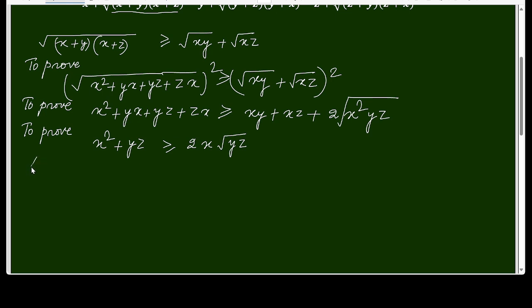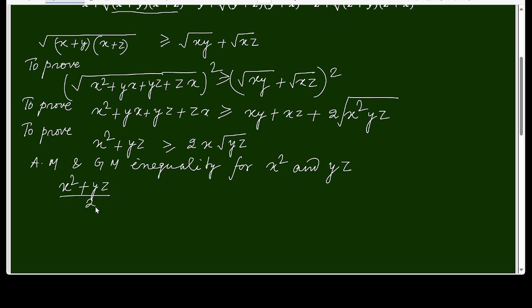So taking the arithmetic mean and geometric mean inequality for x square and yz, x square plus yz over 2 is greater than or equal to square root of x square yz, or x square plus yz is greater than or equal to 2x square root of yz.